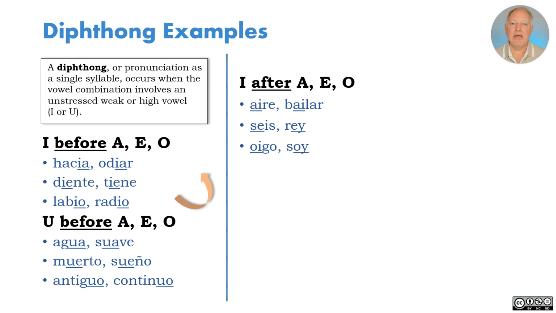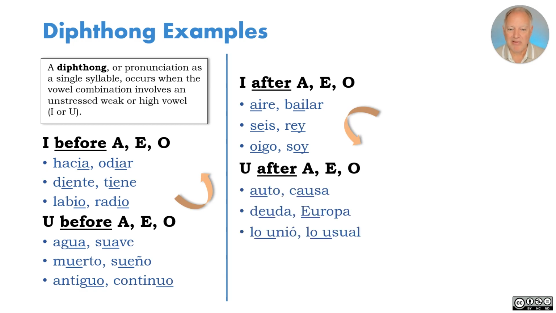Seis, seis. Rey, notice here the i is spelled y. Oigo, or soy. O-i, falling diphthong, soy. Again, artfully represented with an arrow pointing down.